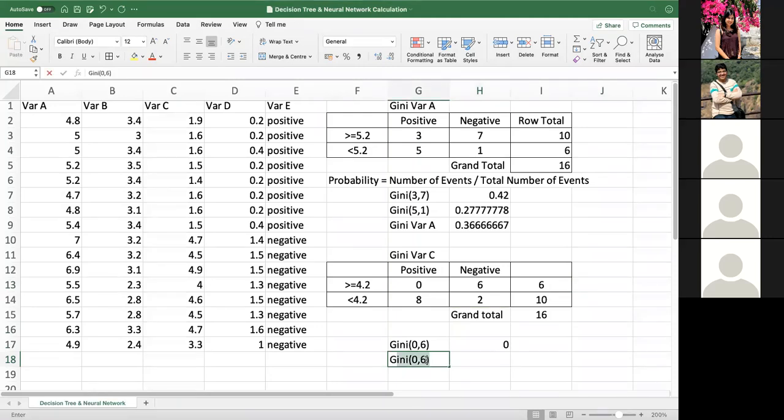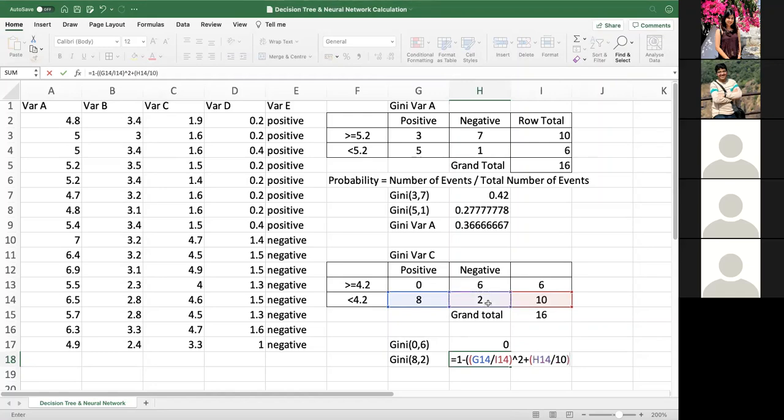Now we have to calculate Gini of 8, 2. This we calculate as 1 minus, open brackets, 8 divided by 10 to the power of 2 plus 2 divided by 10 to the power of 2, close bracket.